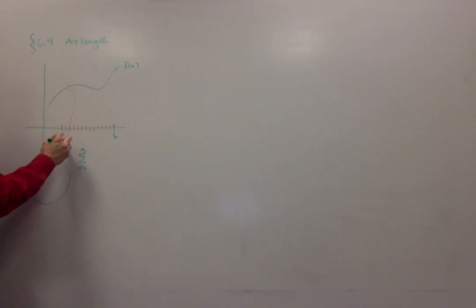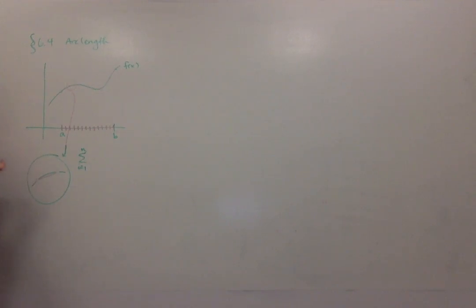So let's zoom in here. If I've got these 2 points, instead of using the actual curve, which I don't know how to get the length of, we're going to connect those 2 points with a straight line, and we're going to use the length of the straight line to approximate the length of the curve.